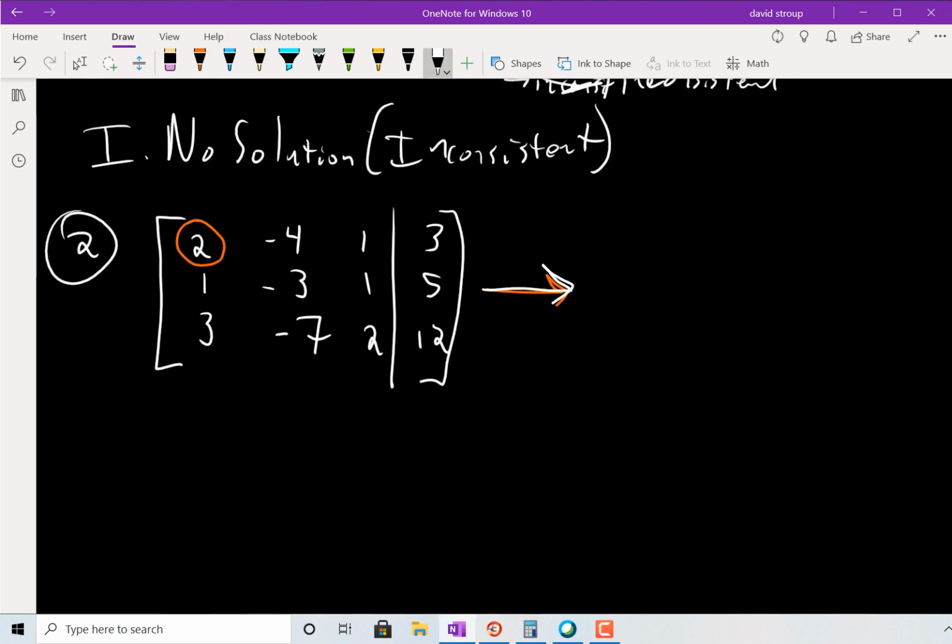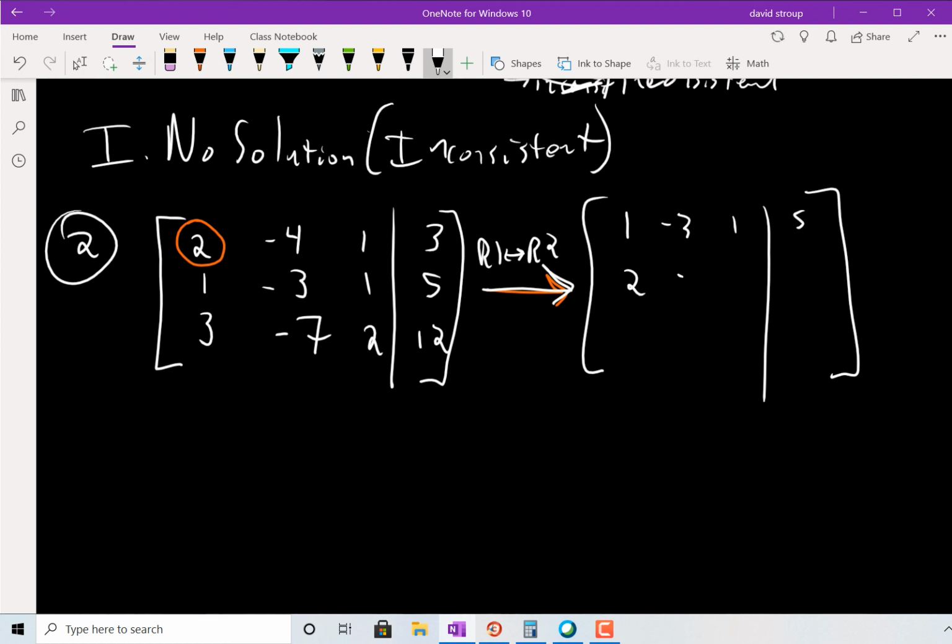Okay. So row swap that, row 1 with row 2. So I'm going to get 1, -3, 1, 5, and then 2, -4, 1, 3, and then the 3, -7, 2, 12, as usual. Then I need zeros below the pivot position.